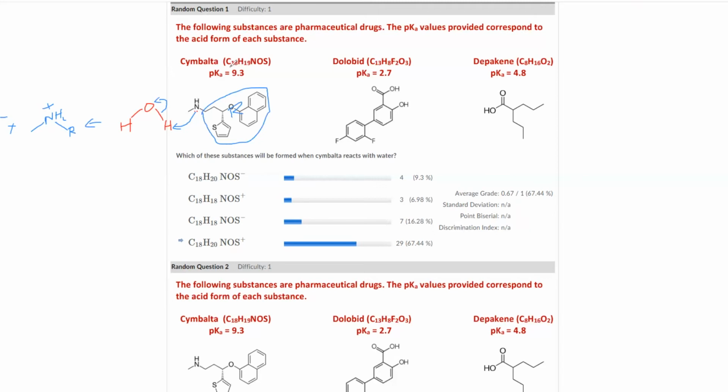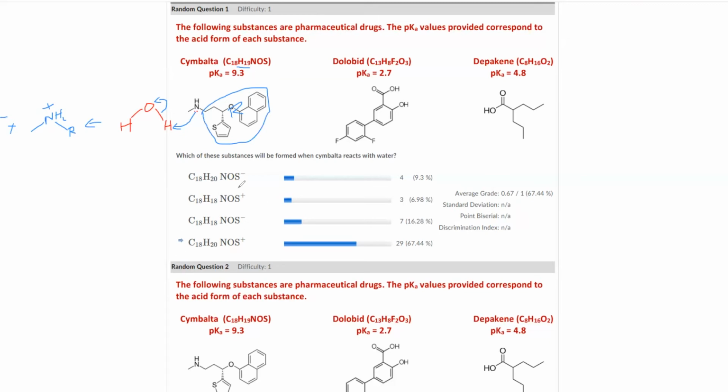So it has only 19 protons before accepting the proton. After reacting with water, it's going to have 20 protons. Not only that, it's going to have a positive charge because it just accepted the proton with a positive charge.